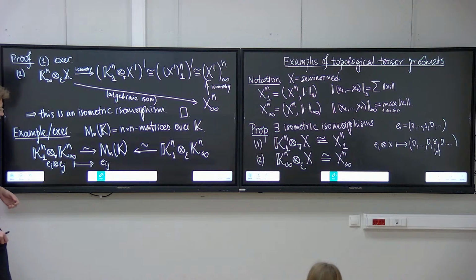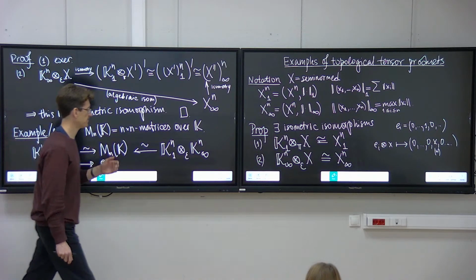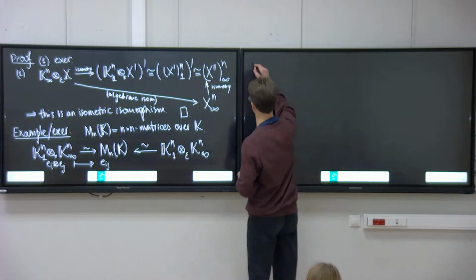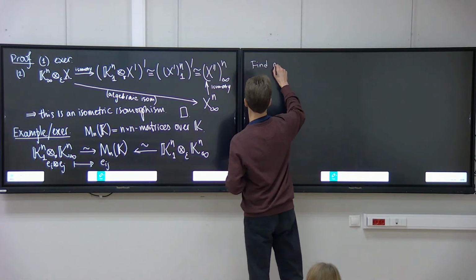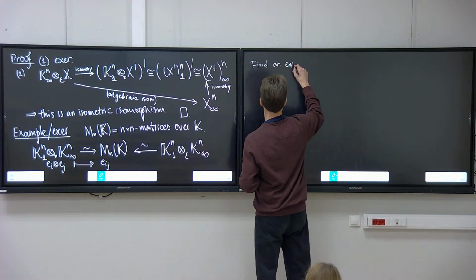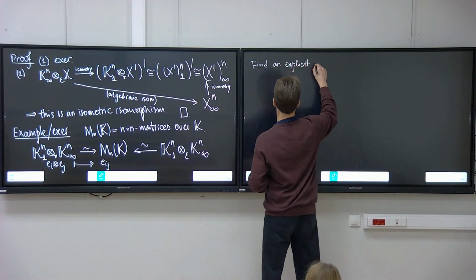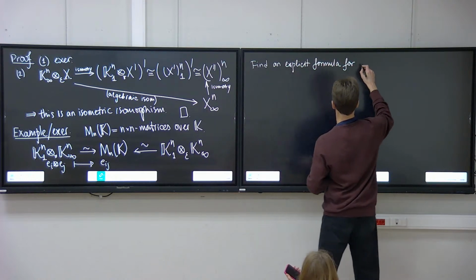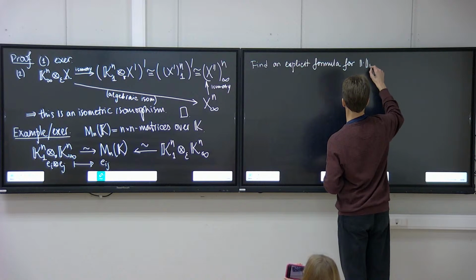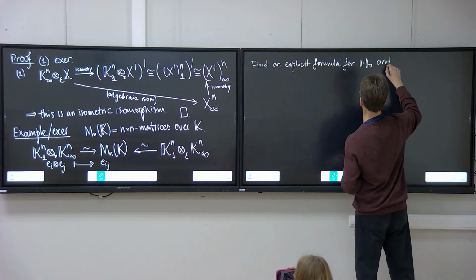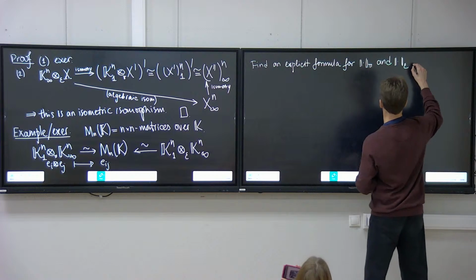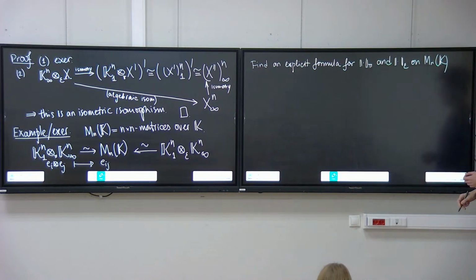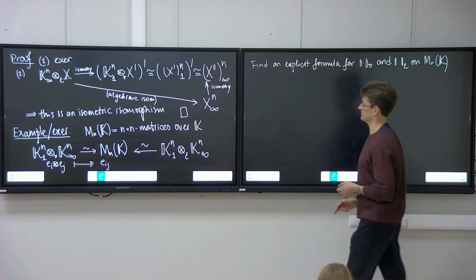As a result, we get two norms on the same space M_n(K). The exercise is to find an explicit formula for the respective two norms, the projective tensor norm and the injective tensor norm, on the matrices in M_n(K), and by using this formula, show that they are not the same.